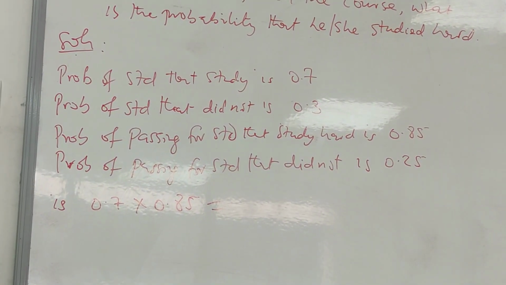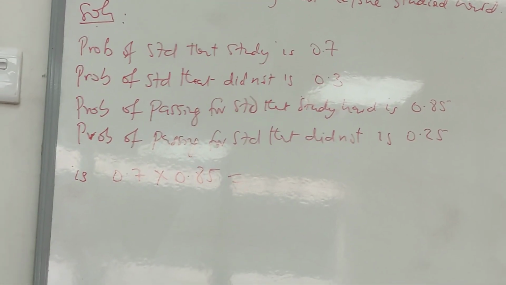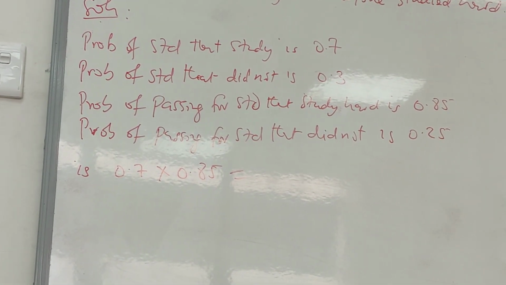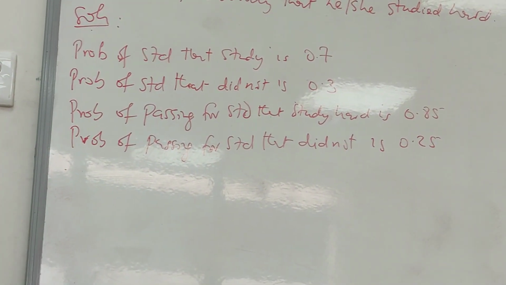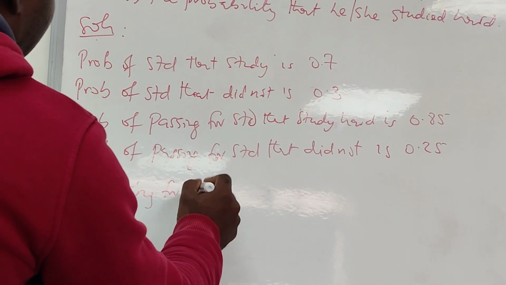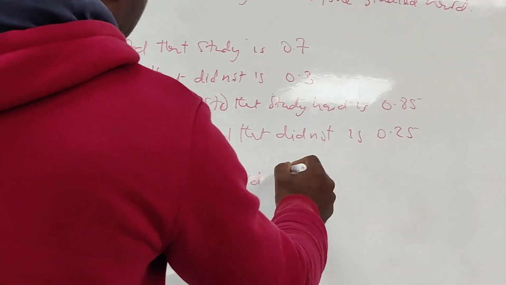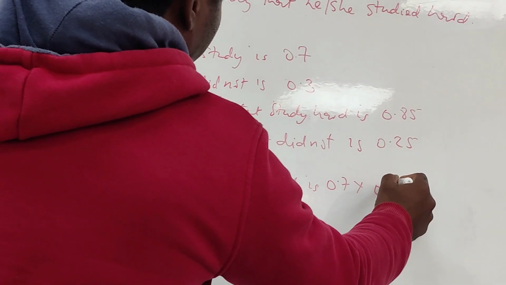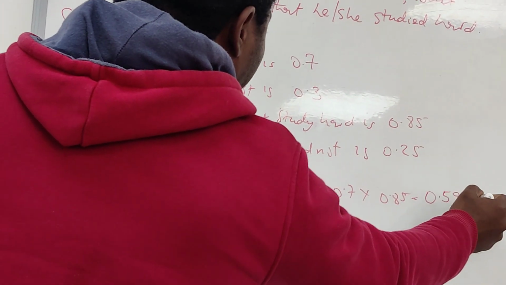What is that? Can somebody tell me? Probability is 0.7 multiply 0.85, which is 0.595.